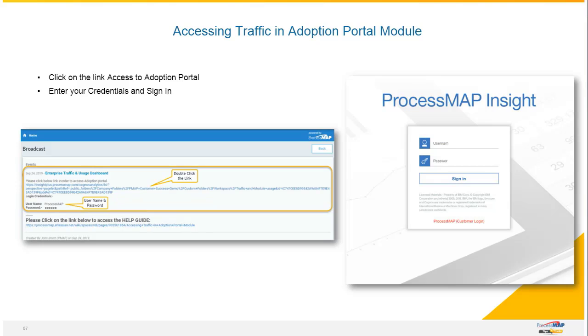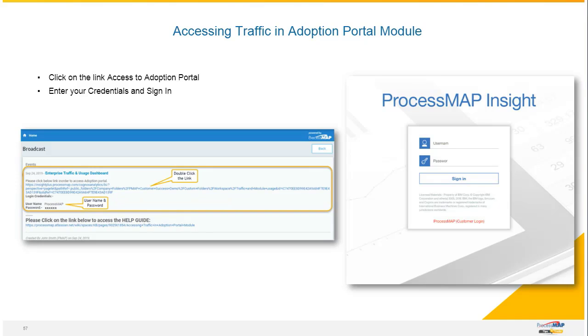You'll also find a link, and by clicking that link, the system is going to navigate the user to ProcessMAP Insight. By using the credentials that are on the broadcast, the user, of course, depending on scope and permissions, is going to be able to log in.